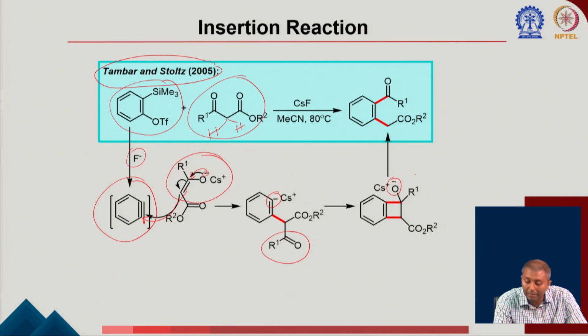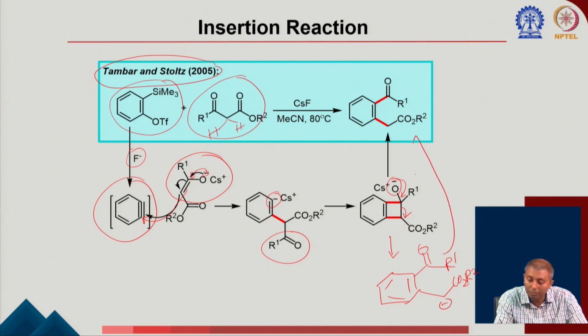It can come back here and cleave this bond, ring opening, so it is going to form this minus, which will take a proton, H plus, and form the product.